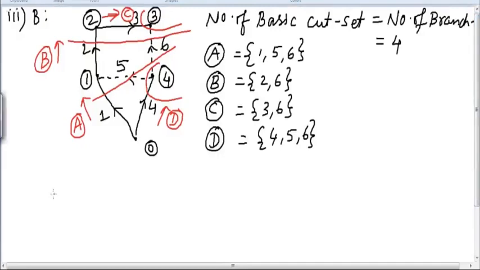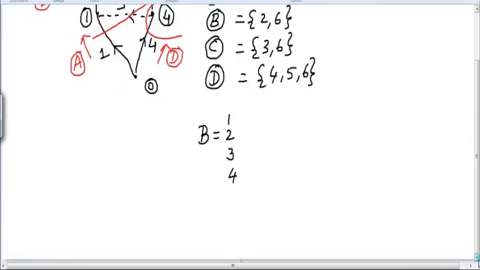So once you are done, you can start writing your basic cut set. I will write here B equal to 1, 2, 3, 4, 5 and 6.